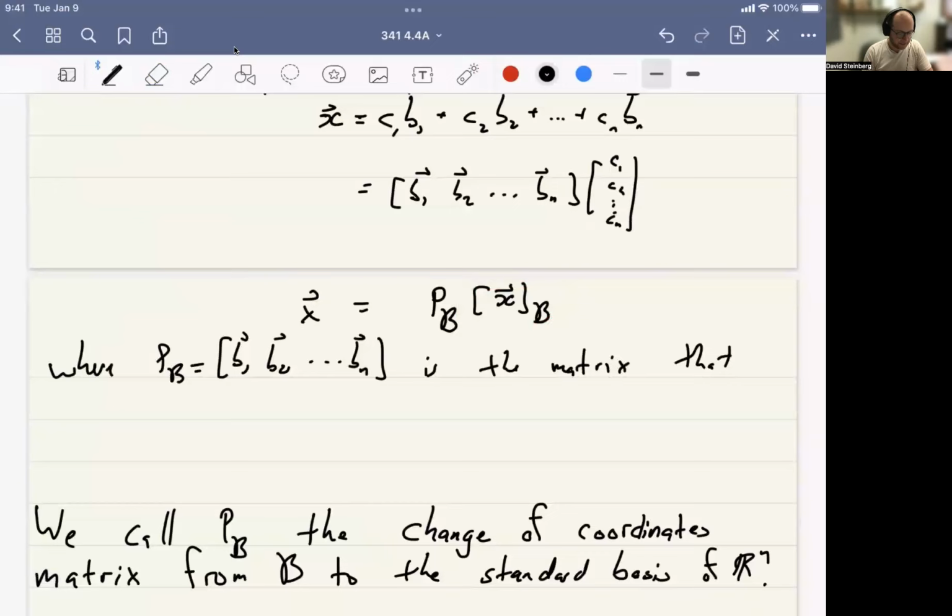So this is the matrix that transforms coordinates of x relative to B into standard coordinates.